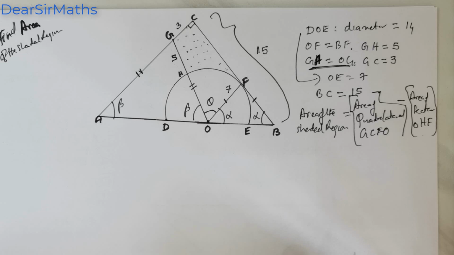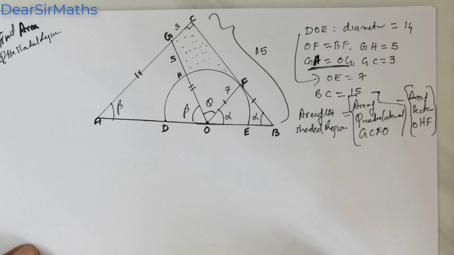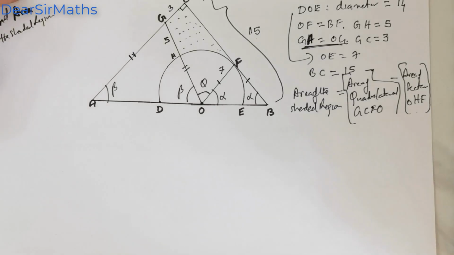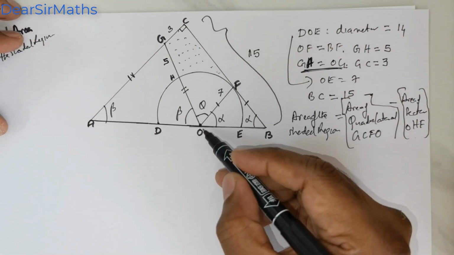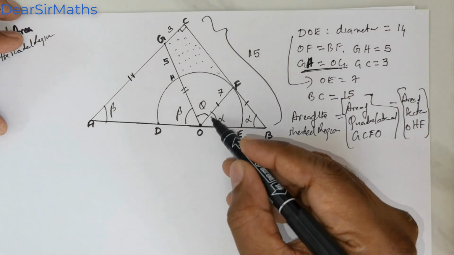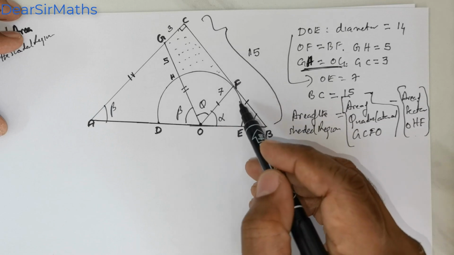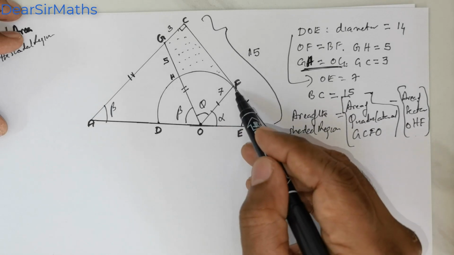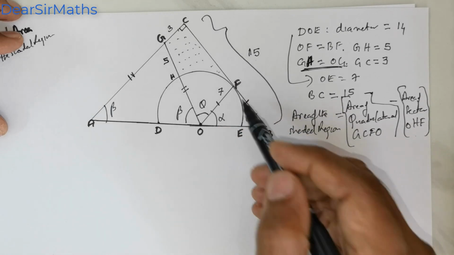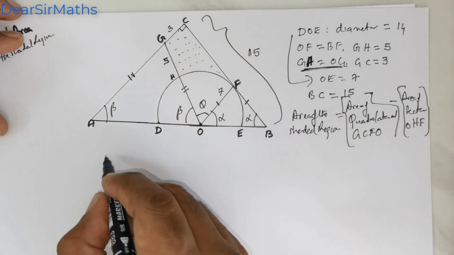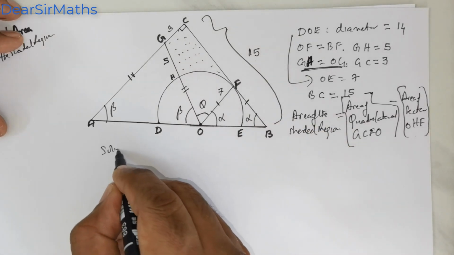Now what we need to do is apply some concepts of basic geometry to obtain the solution. So let's do that. Now if you were to observe here, the line drawn through the center is hitting the tangent. There is a tangent at F, right? So solution, I'm giving the solution here.